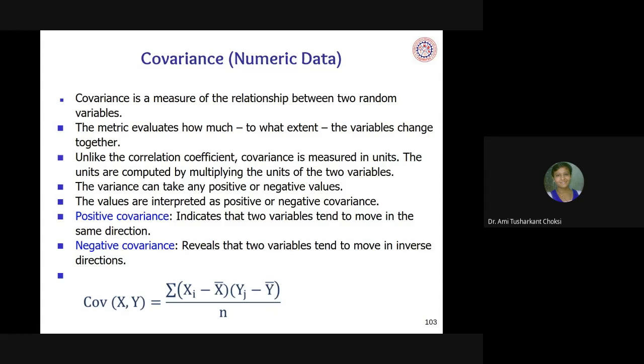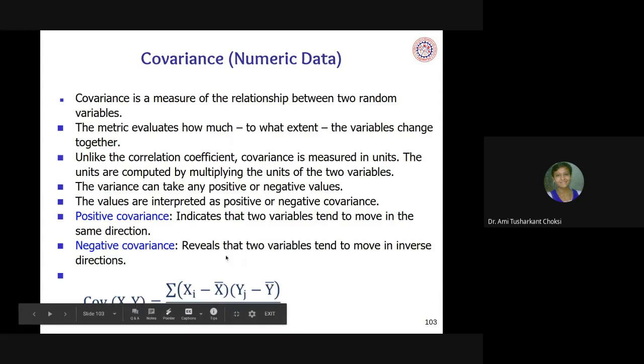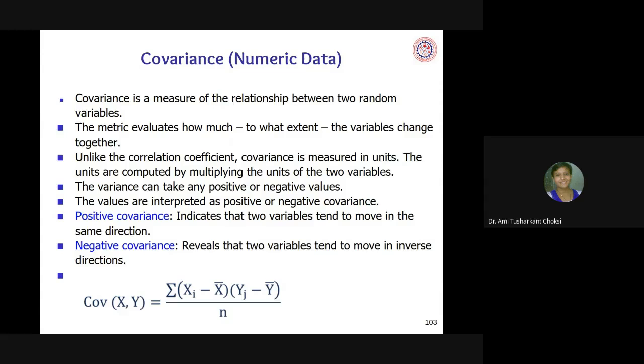They can be decreasing, no problem. But the thing is, both variables tend to move in the same direction, right? Okay. Negative covariance reveals that two variables tend to move in inverse directions, right? So what is the equation of the covariance? That is equal to sigma (xi minus x bar) into (yj minus y bar) upon n.